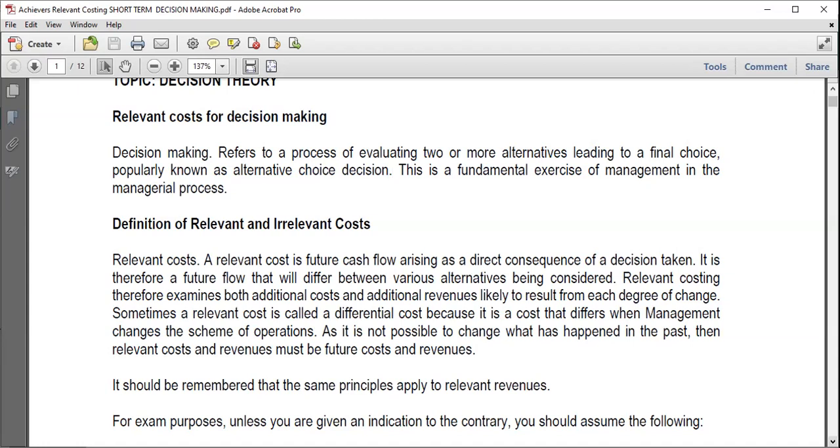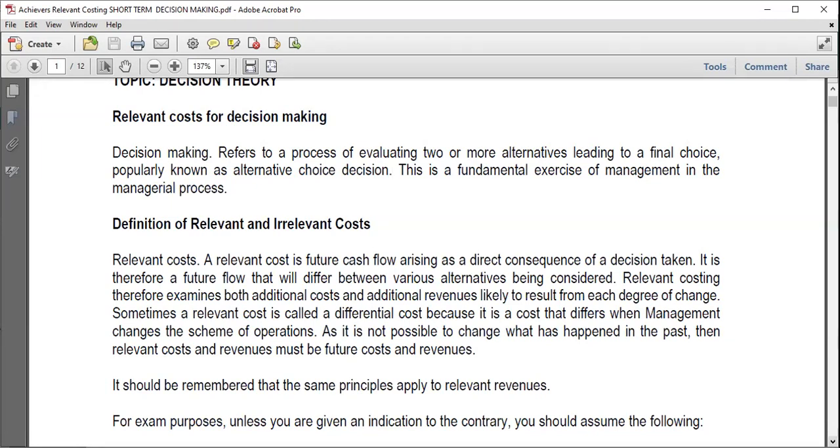You get it? So we shall try to understand one of the other things that also happens with relevant costing. Now, in this topic we study relevant costing, but as you proceed, when you're making decisions, you get to things like relevant revenues. Of course, relevant revenues are very similar to relevant costs.